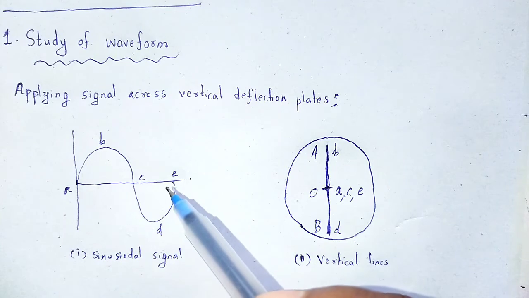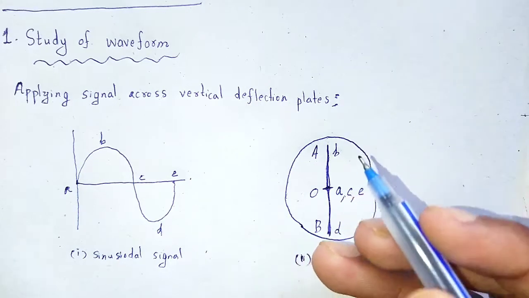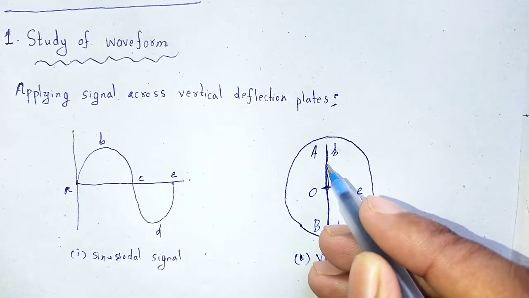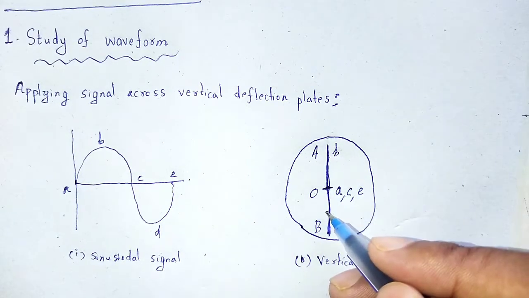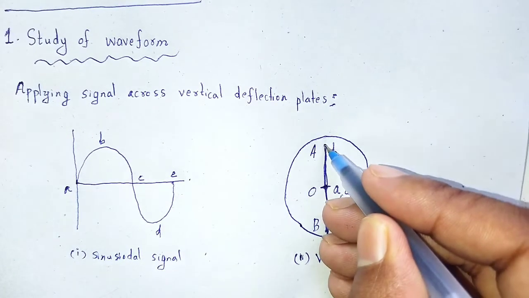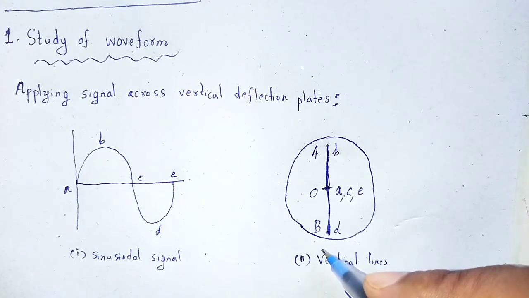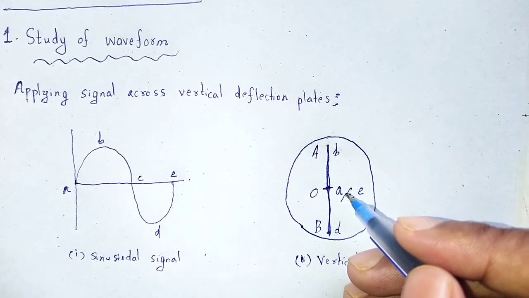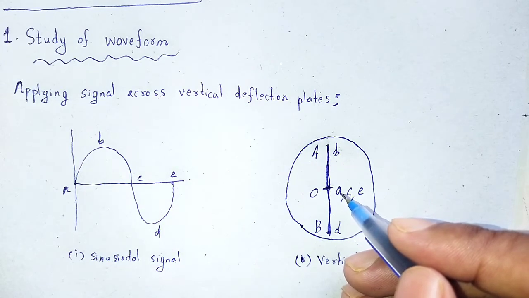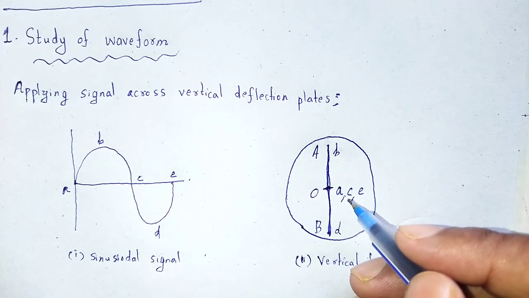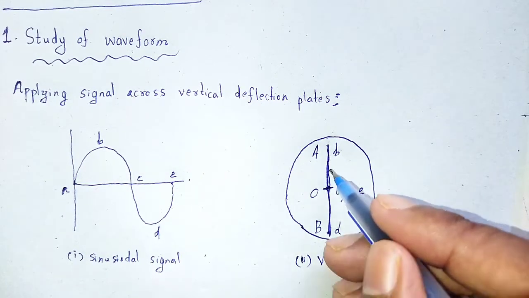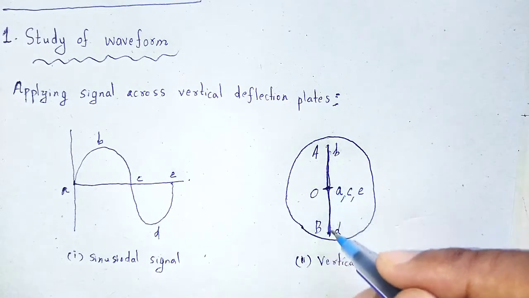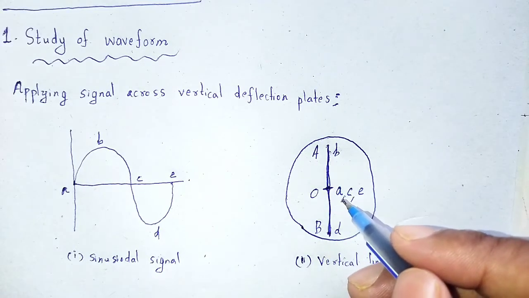If we apply a frequency of 50 Hz, just as an example, it means the spot moves 50 times in 1 second along the vertical line between point A and point B. Our persistence of vision is just around 0.1 second, so we will see a continuous vertical line AOB on the screen.